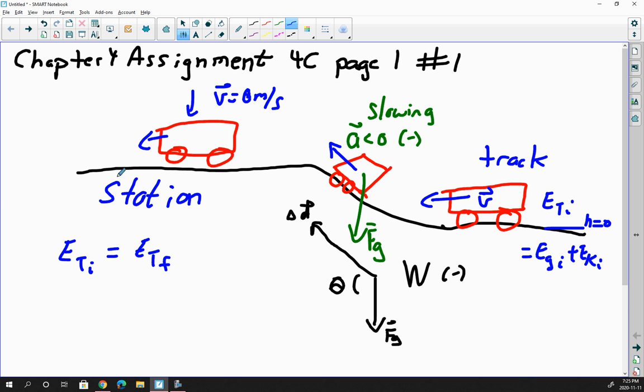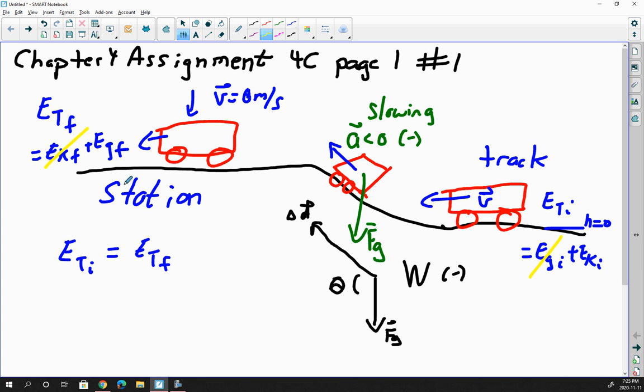So right here, at this spot, total energy final would be kinetic energy final plus gravitational potential energy final. Well, just like you can say here, hey, look, here it has no height, so it has no gravitational potential energy. Here you could say, look, it's come to a stop, so it has no kinetic energy.